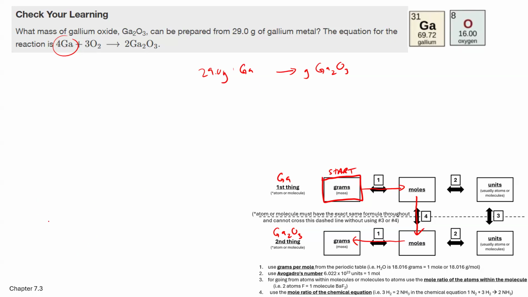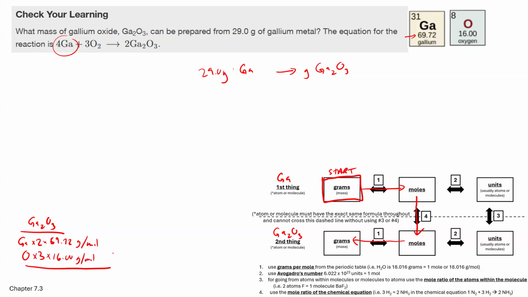Let's get the gallium molar mass done here. For Ga2O3, we have gallium times 2. Each gallium is 69.72 grams per mole. We have oxygen, and that's times 3, 16.00 grams per mole.